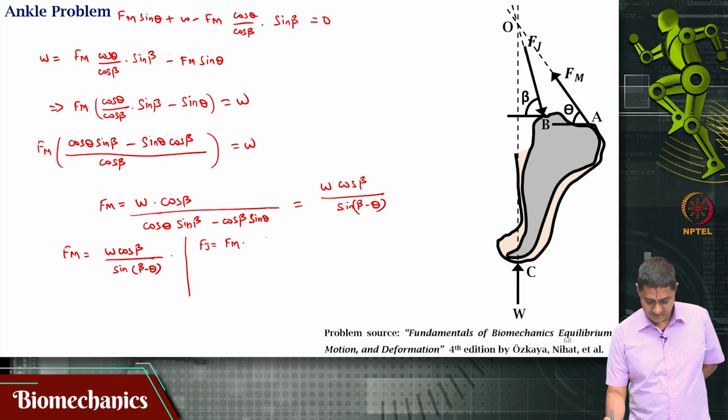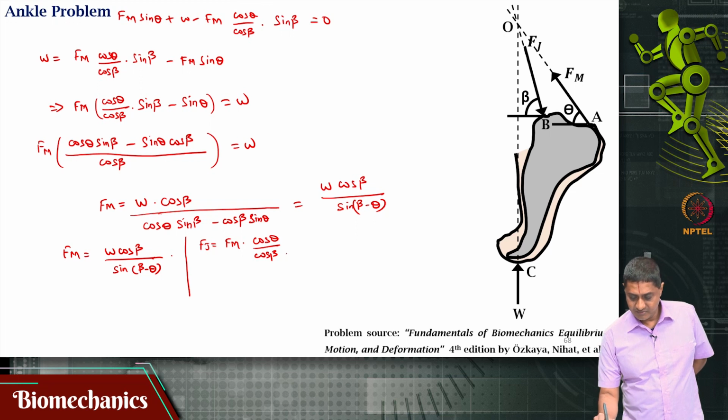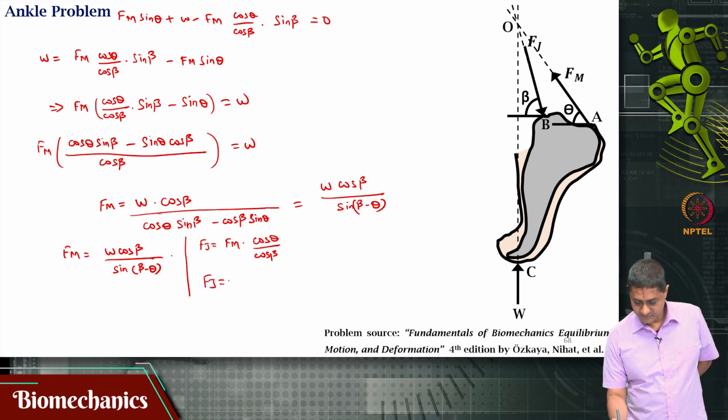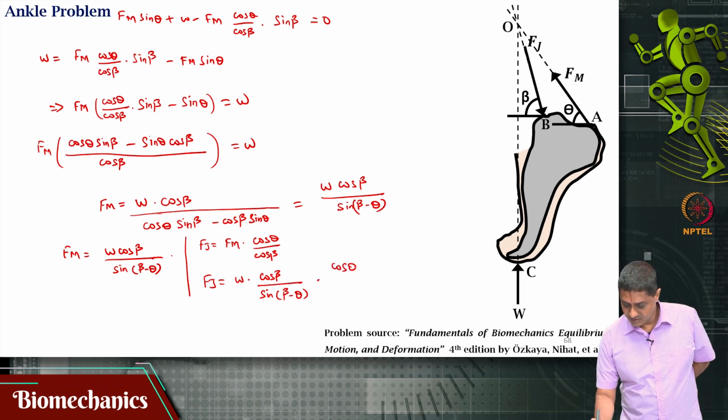Substitute this Fm in this equation for Fj, that would mean Fj is W times cos beta divided by sin of beta minus theta times cos theta divided by cos beta.